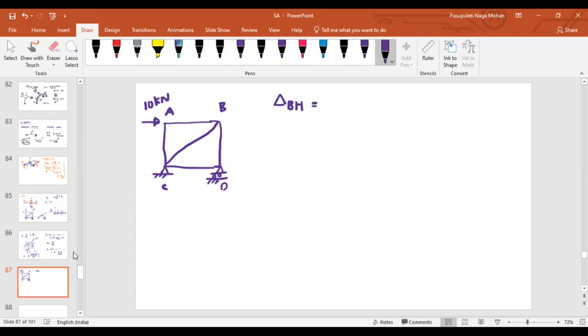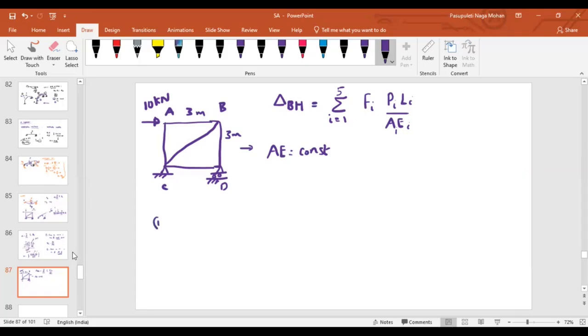As we know the formula, that will be equal to summation i equal to 1 to, how many members are connected in this case? 5. Capital Fi into Pi L by AE. If length and AE are different, then we have to treat them differently. In this case, let us assume that AE is constant, and the lengths are 3 meter and 3 meter.